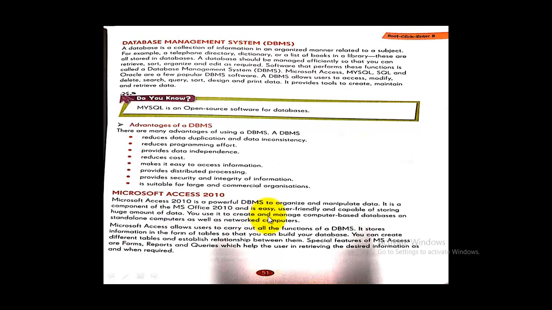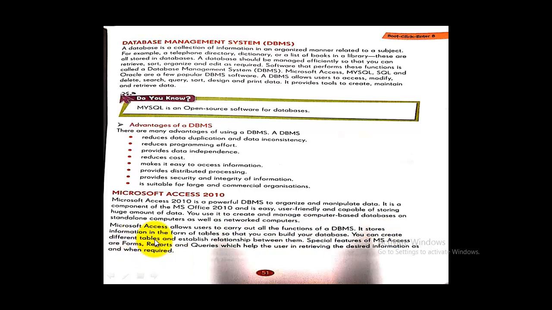You use it to create and manage computer based databases on standalone computers as well as network computers. Microsoft Access allows users to carry out all the functions of a DBMS. It stores information in the form of tables so that you can build your database.